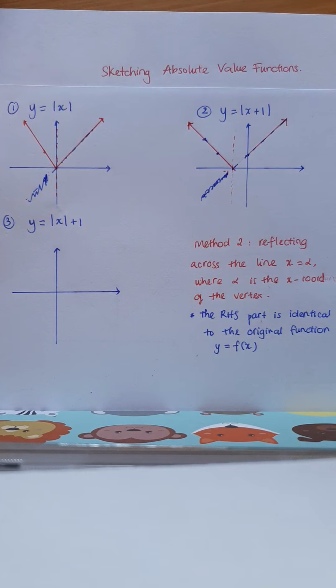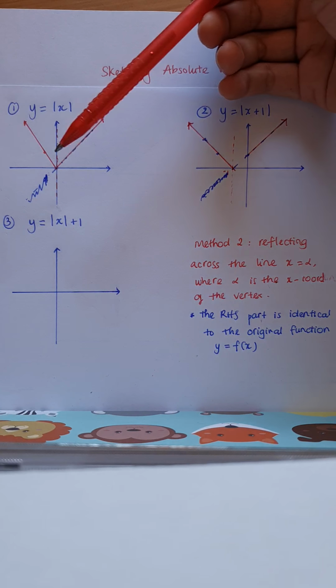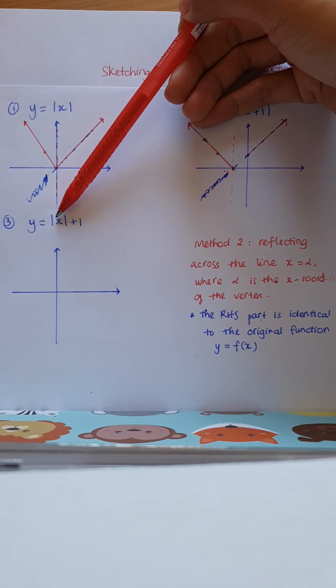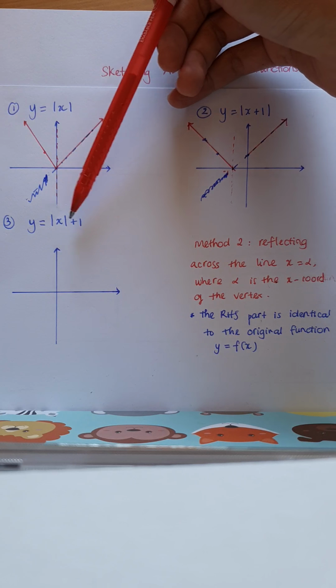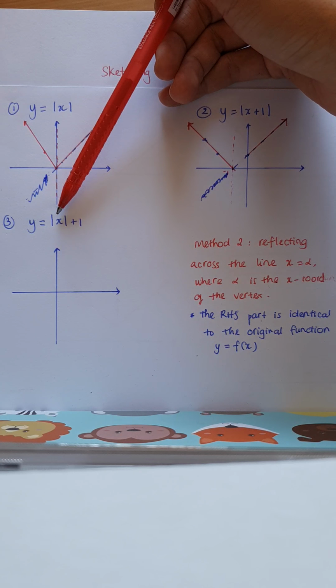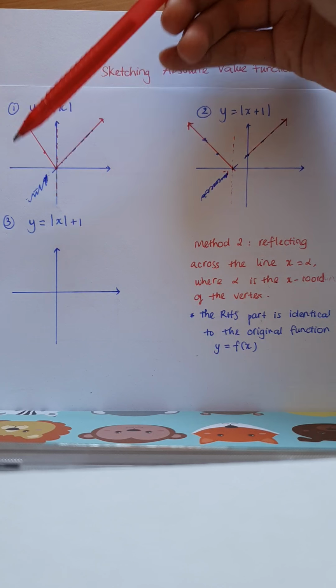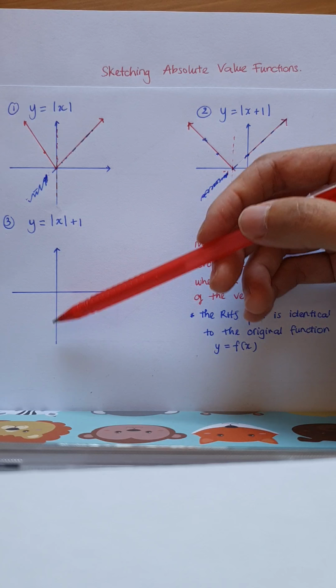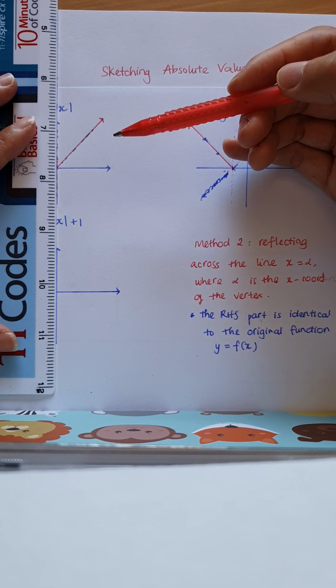Okay. All right, the third example. So to find our vertex, make the expression inside the absolute value zero, only the one inside the absolute value symbol, not the entire expression. So in this case, it's x. So x is 0. So our mirror line will be our y-axis.